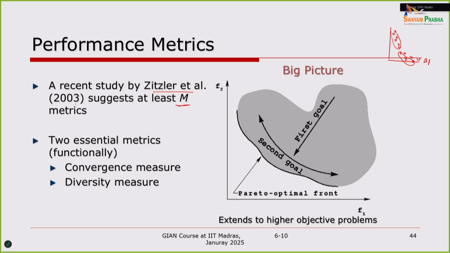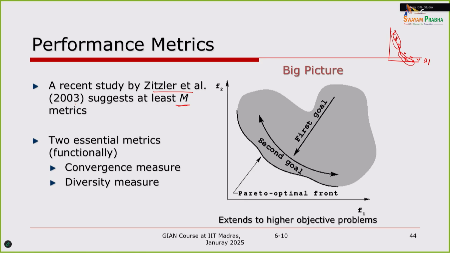So I can have one metric that directly measures convergence, how close I am to my known Pareto set, or between the two sets, which one is closer. I can take all the points from the two sets combined that are on the non-dominated set, and then compute the distance from that set and see which one has a smaller distance.